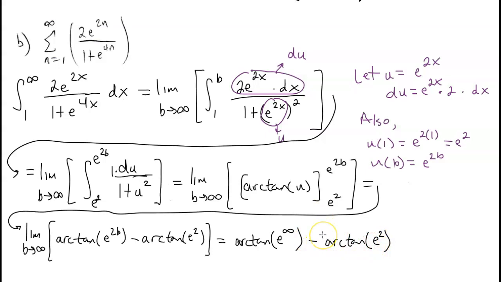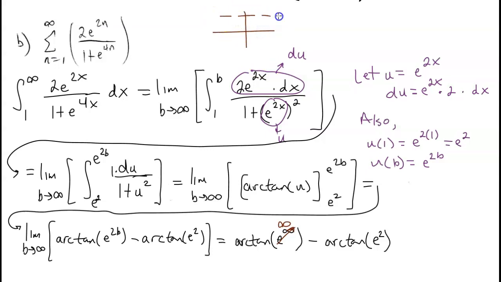Now, arctan of e squared is just going to be some number. We don't know exactly what number that is, but it's just going to be some real number, and that's all we care about. Here we know that e raised to the infinity will just end up being infinity. And the behavior of arctangent, as the values, in this case of b, go to infinity.